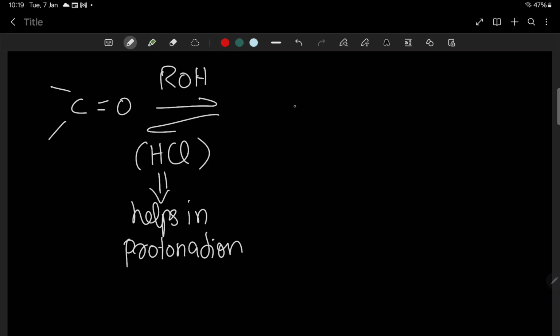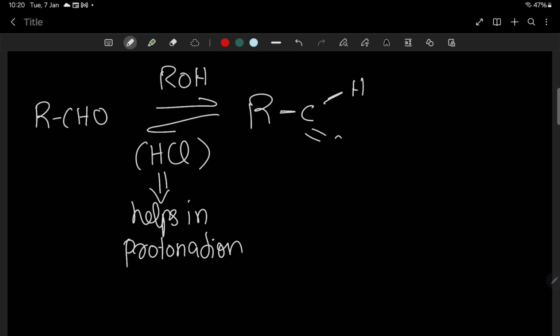One second. First we will consider aldehyde, then ketone. If it was an aldehyde, we will get R, C, H, O like this.